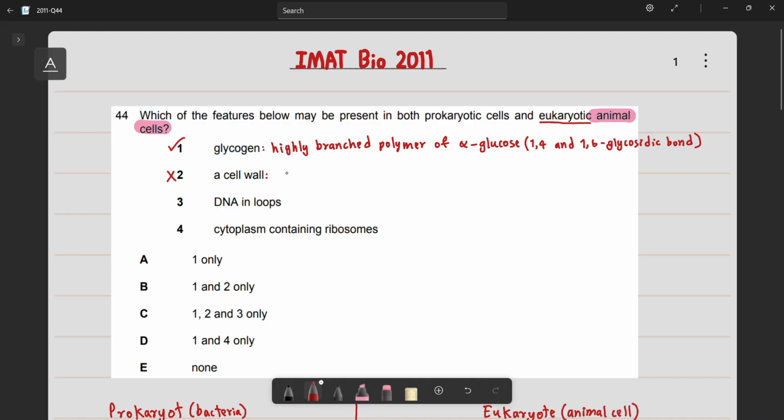First of all, it's a rigid layer of polysaccharide that is located outside of the plasma membrane.